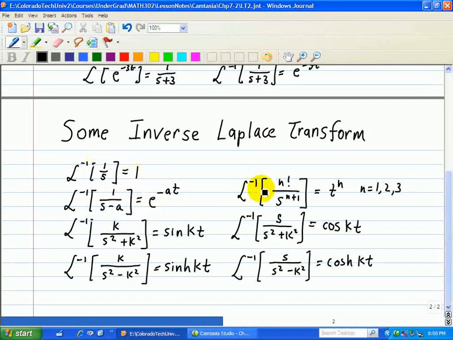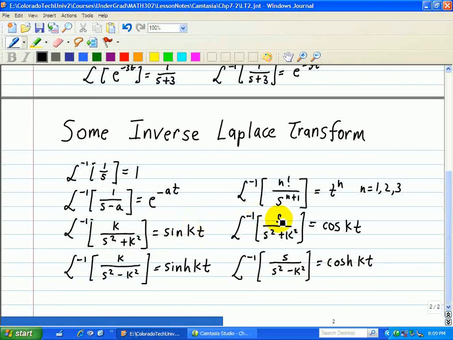Here the inverse Laplace transform of n factorial divided by s to the n plus 1 is equal to t to the n, where n is equal to 1, 2, and 3. And we note that from the ramp, it's just 1 over s squared. Here we have the inverse Laplace transform of k divided by s squared plus k squared, and that's equal to sine of kt.